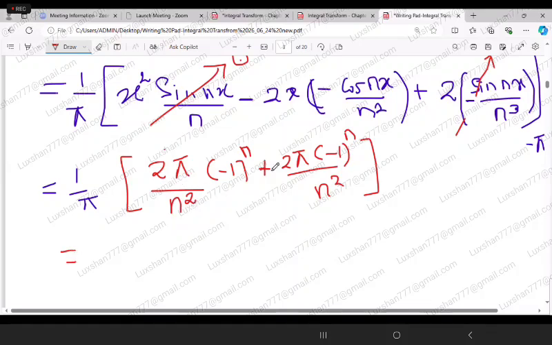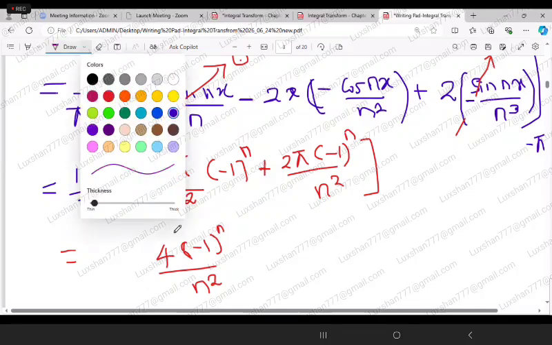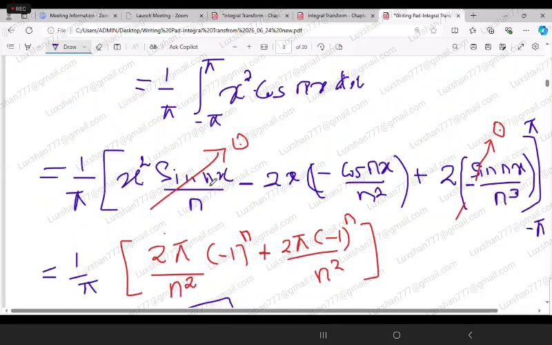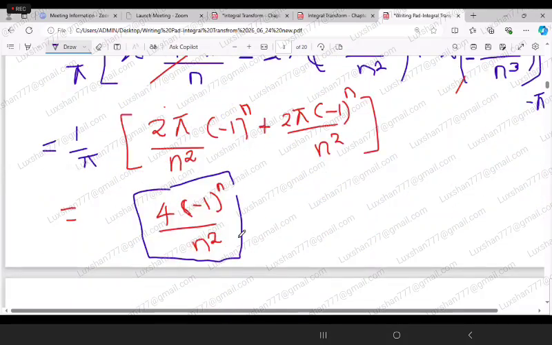So we can get 2, so we can get 4 times minus 1 to the power n over n squared. Am I correct? Tell me whether this is correct or not.